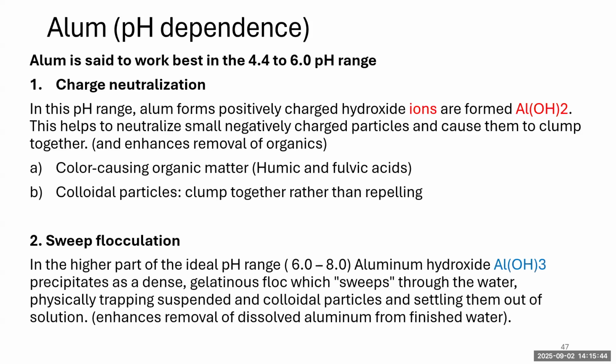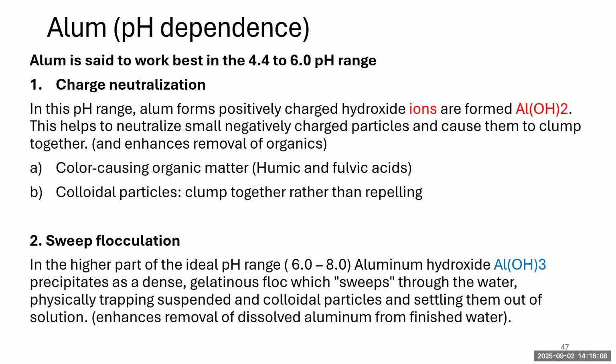Sweep flocculation is what occurs when you have a little higher pH range, above 6, and it could work between 6 and even up to 8. When you have this higher pH, alum reacts with the alkalinity in the water to form a high aluminum hydroxide precipitate, and it's kind of a dense gelatin-like floc.